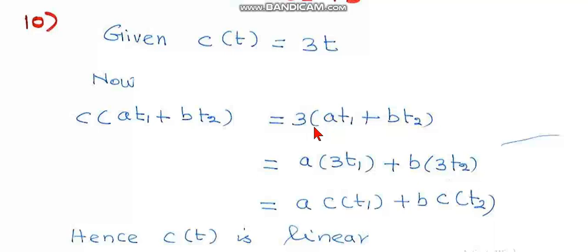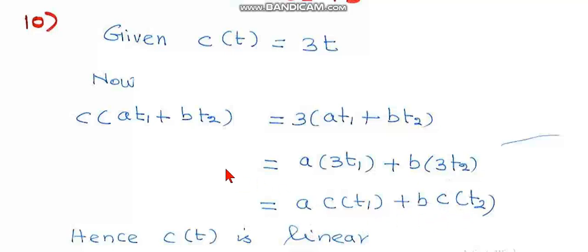So we take a here, 3t1 we can write together and 3t2 we can write together, so that we can replace 3t1 by C of t1 and 3t2 by C of t2, because C of t1 equal to 3t1, C of t2 equal to 3t2. That's the rule for the function C. Now we find C of at1 plus bt2 is actually equal to a into C of t1 plus b into C of t2.